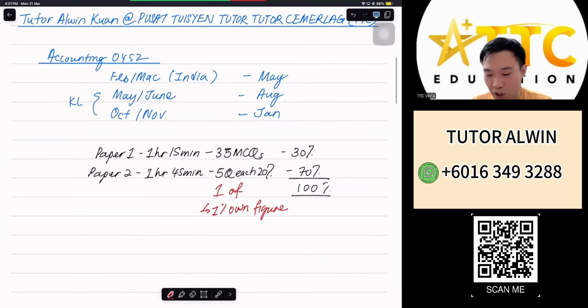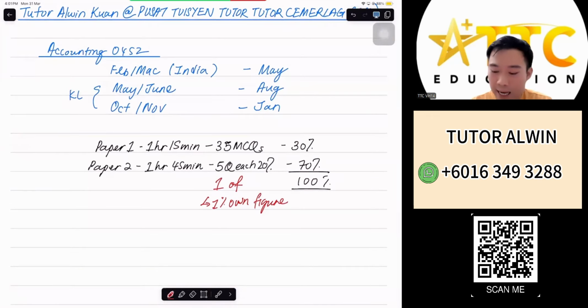Based on my observation, and we can't really guarantee, I can only give the marks that are always observed. One-off marks will total almost up to 20 marks for your entire paper 2.